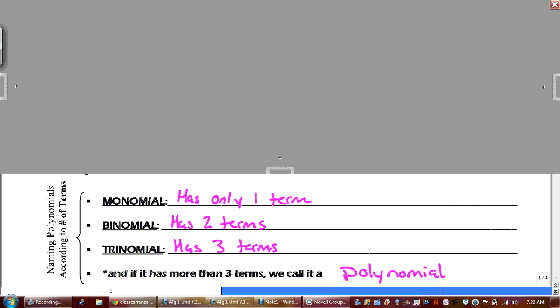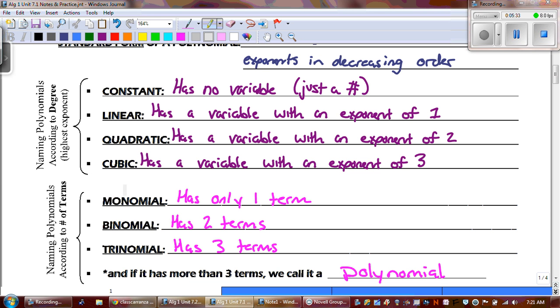So the naming of the polynomials. A monomial has only one term, a binomial has two, a trinomial has three, and a polynomial has more than three. And remember, the key thing: monomial 1, binomial 2, trinomial 3.